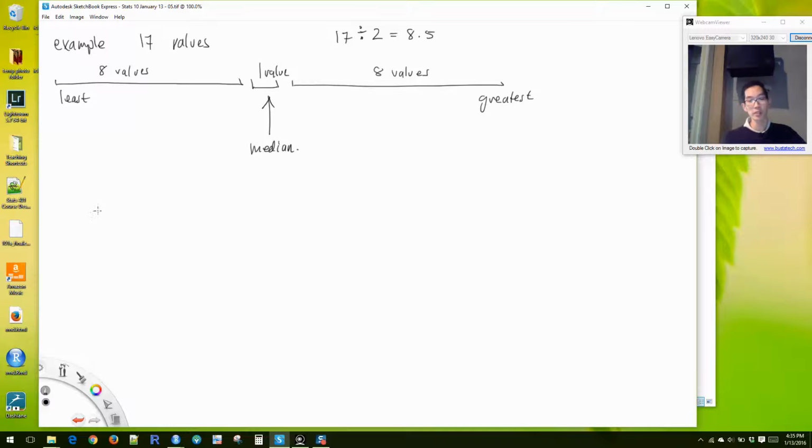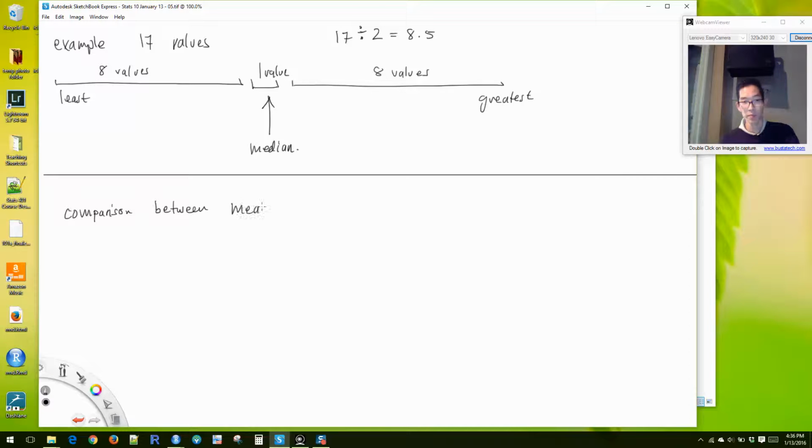Just a quick comparison between the mean and the median. They're both numeric summaries for center. The conceptual idea is that the mean is the balance point and the median is the halfway point.